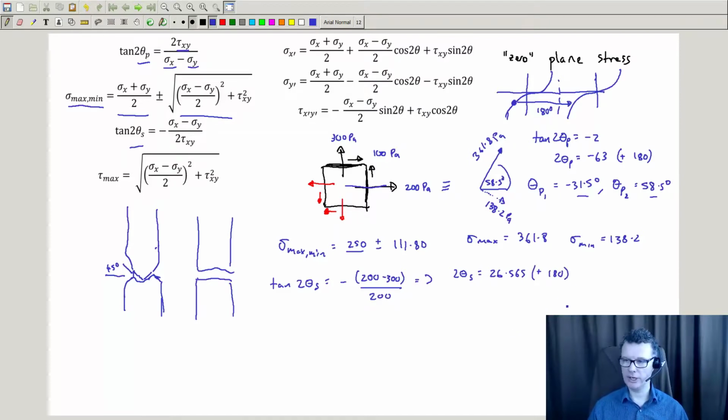and we want to check out the other solution. So we got one shearing action at 13.3 degrees, and the other possible one, and when things shear, they could tend to shear in either direction, 103 degrees.